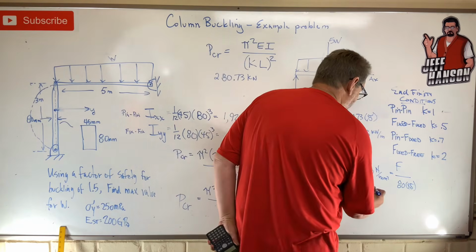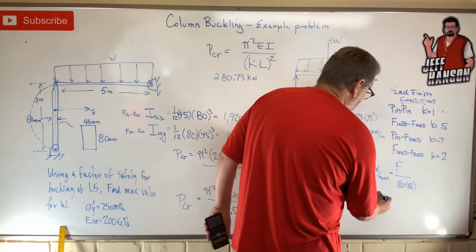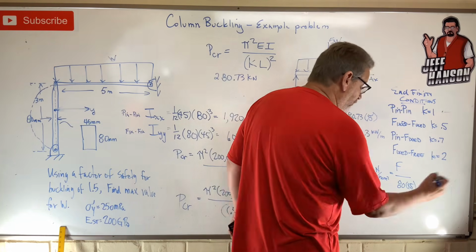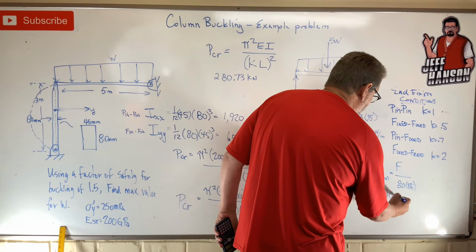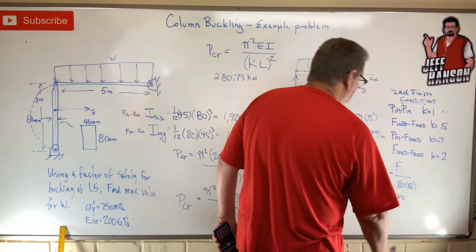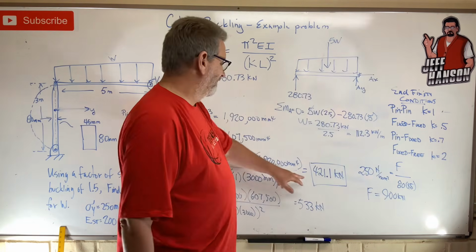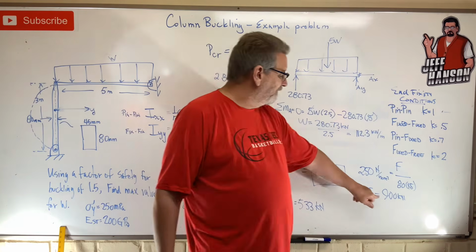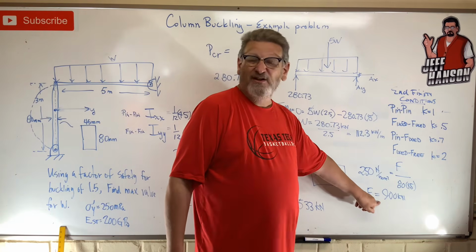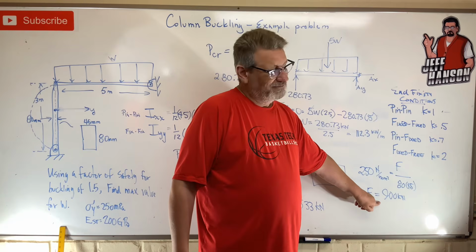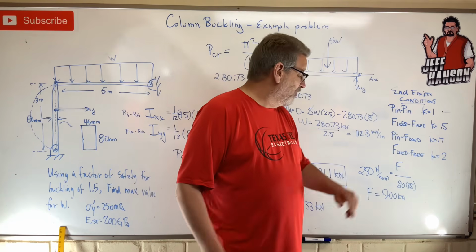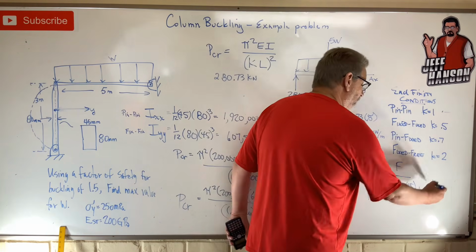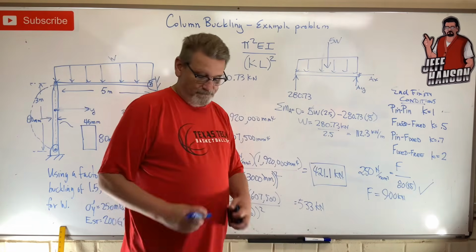So the force that it's going to take to crush it is 900 kilonewtons. But it buckles at 421, right? So is it ever going to have a compressive failure? No. Okay. So check mark, boom, boom. We are good there.